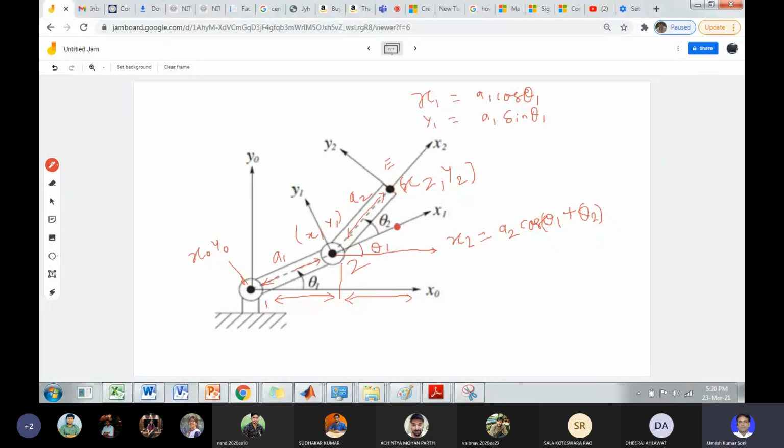So the projection of this section in the horizontal axis x0 is a2 cos theta 1 plus theta 2 plus a1 cos of theta 1.